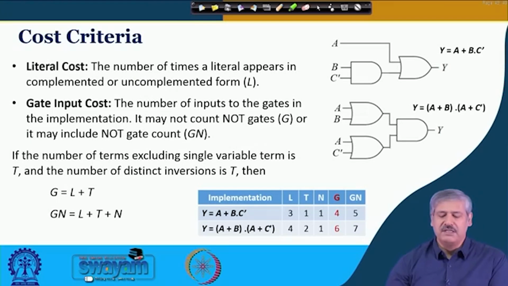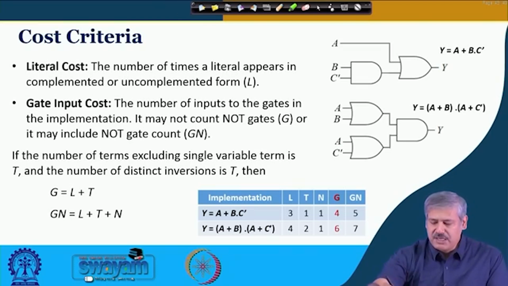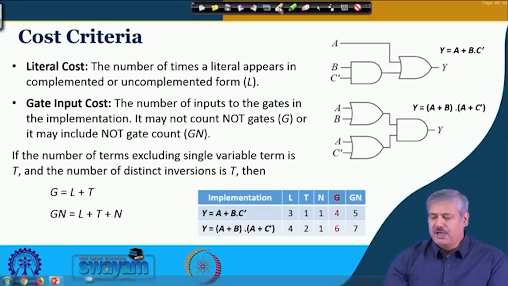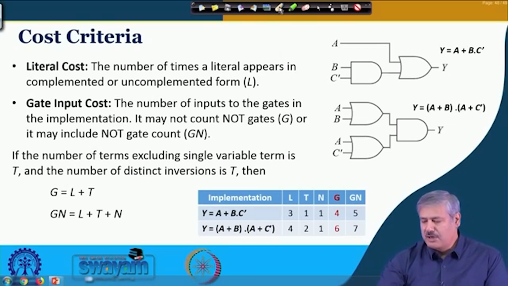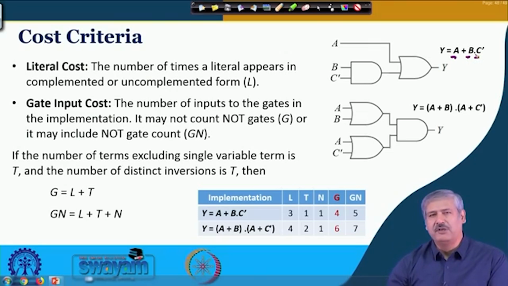So, literal cost is the number of times a literal appears in complemented or uncomplemented form in the Boolean expression. Okay. So, that is what is known as literal cost. So, if we look at the previous example, how many times is it appearing? A, B and C prime, complemented or uncomplemented, both are counted as literal cost.